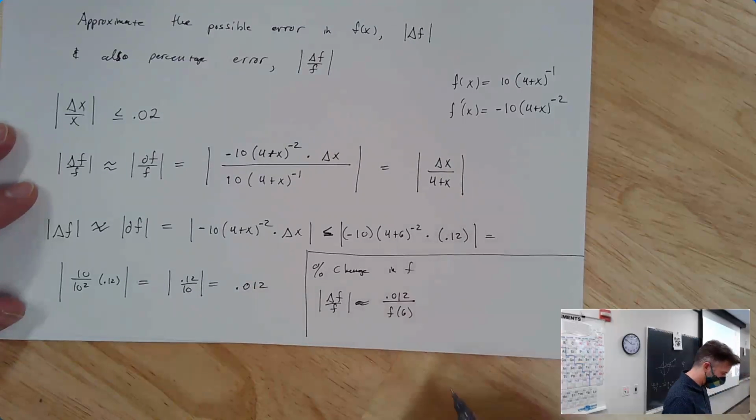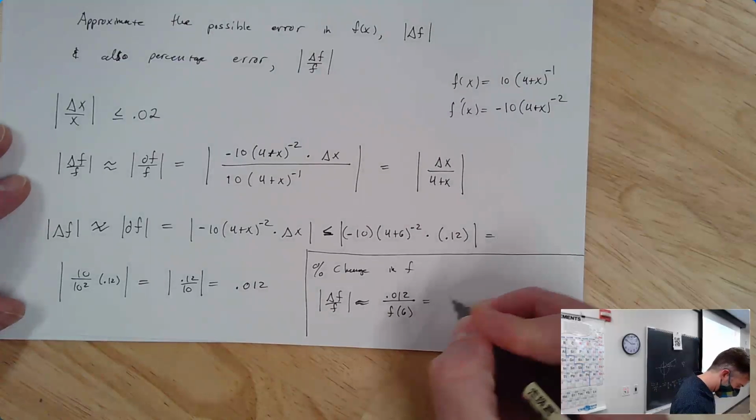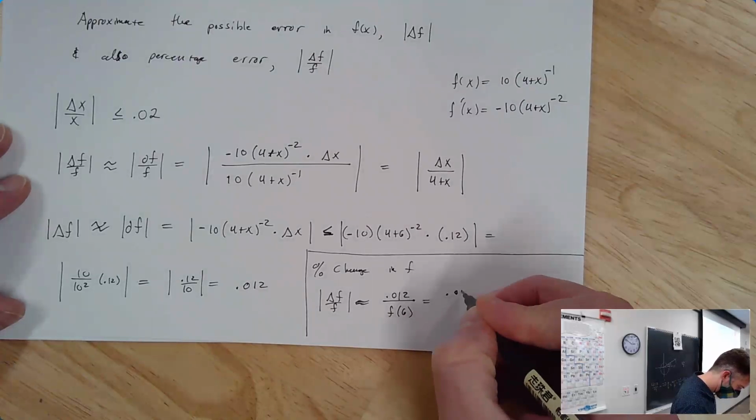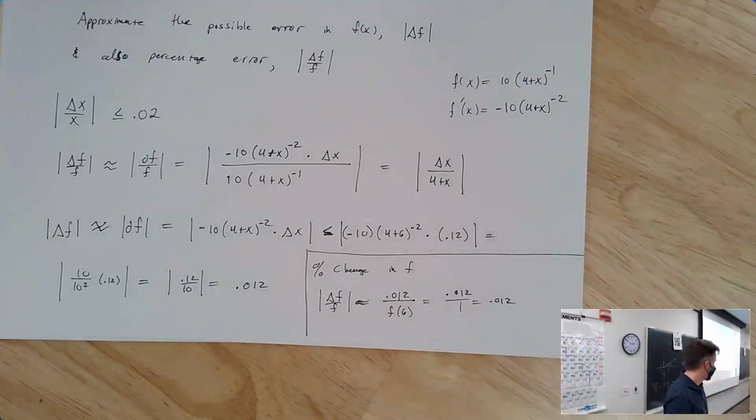But f of 6, if you look at the function, is just 1. So the percentage change is about 1.2%.